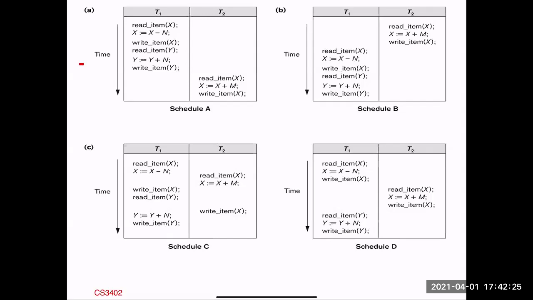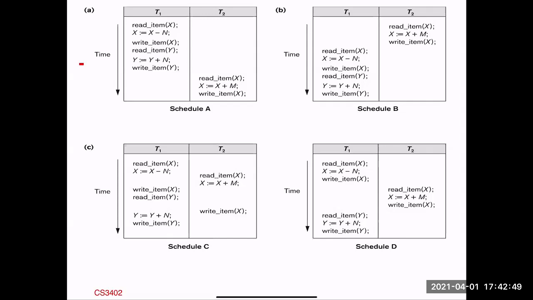So correctness means that it gives the correct result, right? So I don't get an inconsistent result here. Correctness means that it's equivalent to a serial schedule. So if there's a schedule that is not equivalent to a serial schedule, then it doesn't make sense, right? It's not correct.